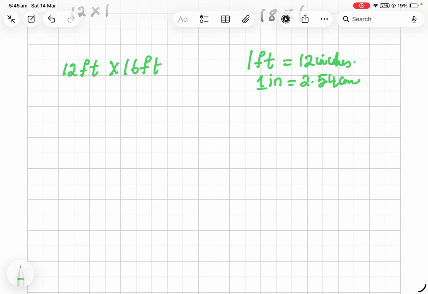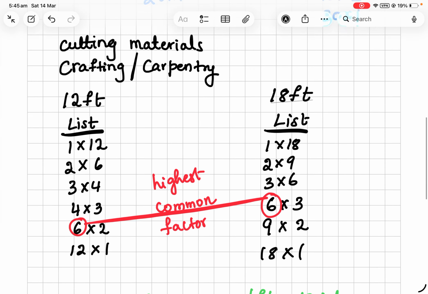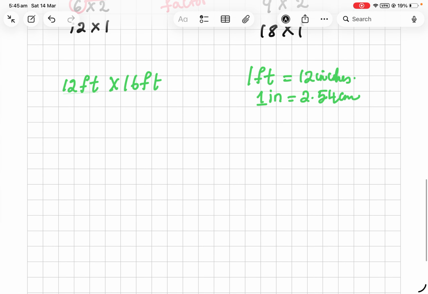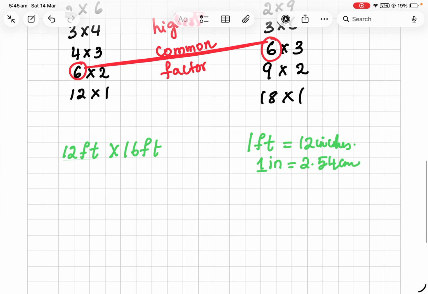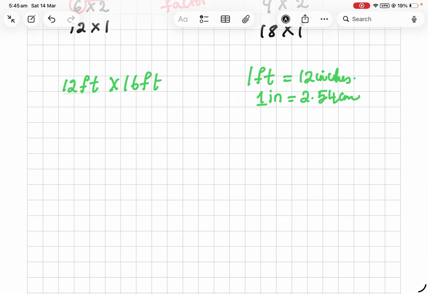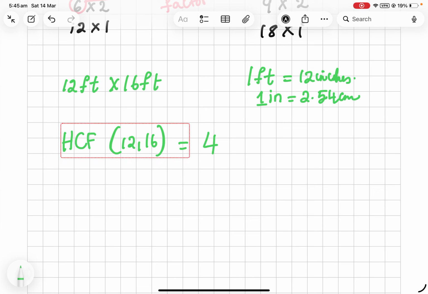So you're going to find the factors of 12, which we already listed up here, so you can write it again, but I haven't listed 16, so I can quickly do that, or you can do it for yourself, and you should be able to get the answer, the HCF of 12 and 16. If you get the answer as 4, that means you're correct.